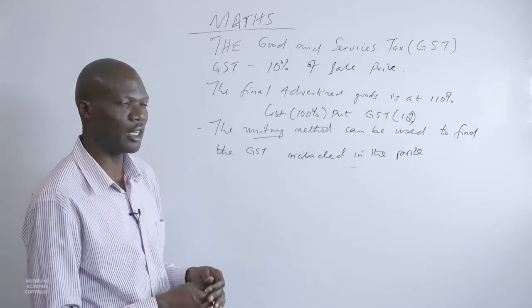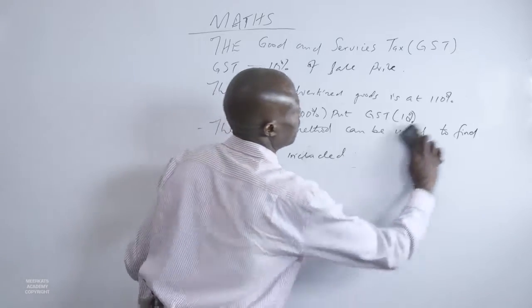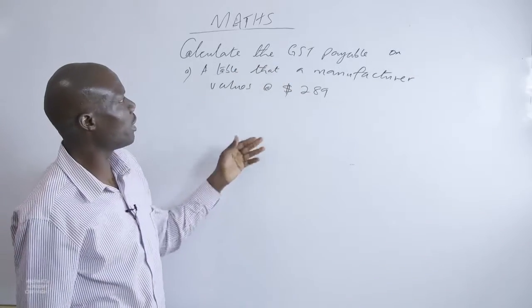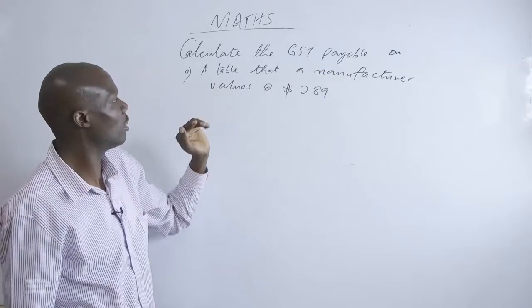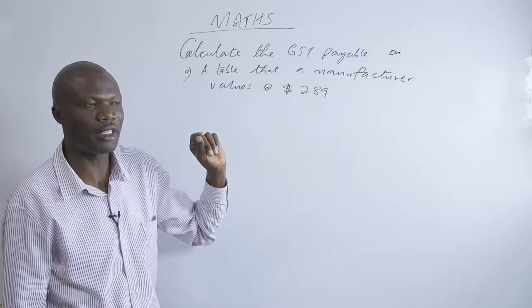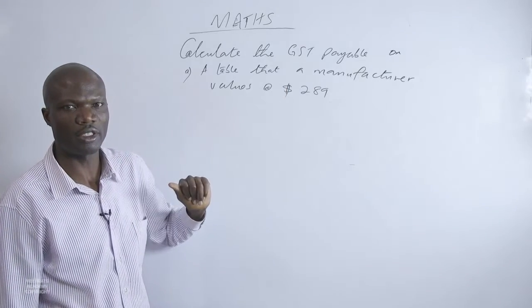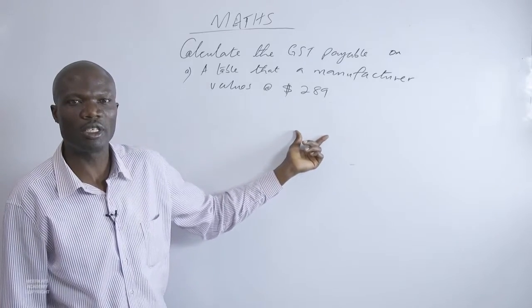Now let us see how these are applied by looking at the following question. Calculate the GST payable on a table that a manufacturer values at $289.